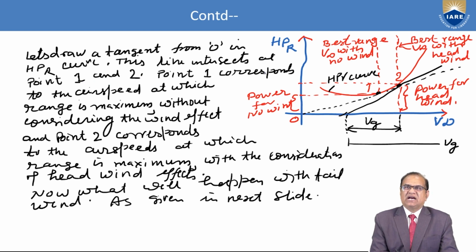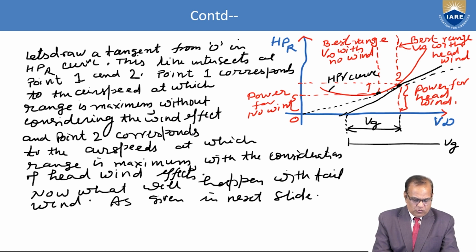Point 1 corresponds to the airspeed at which range is maximum without considering the wind effect. So if there is no wind, point 1 is the correct one.